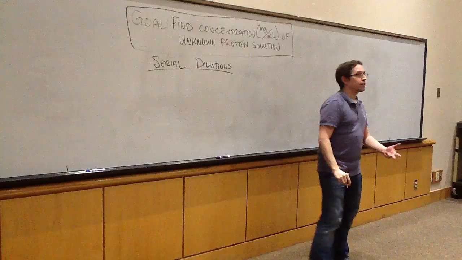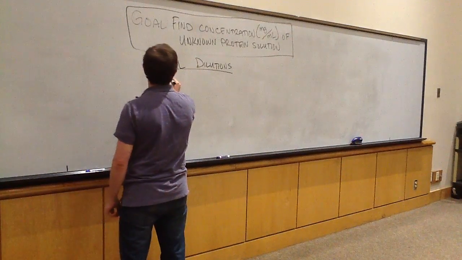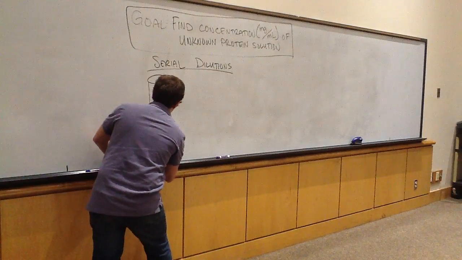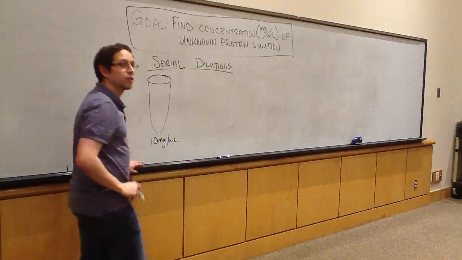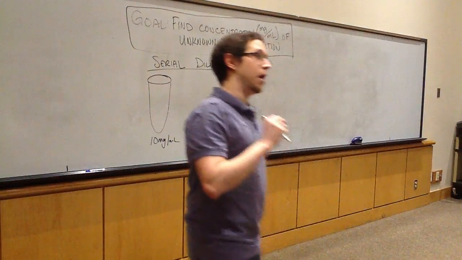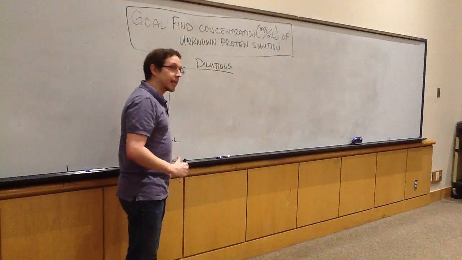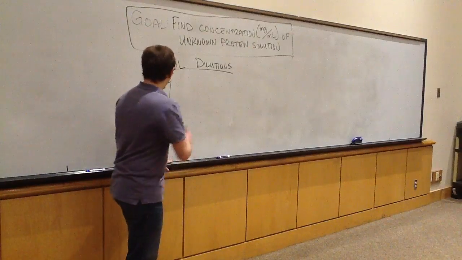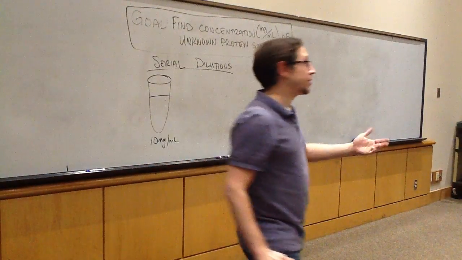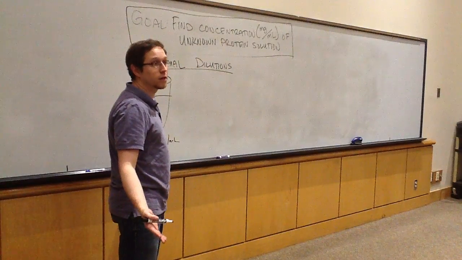So you started with this particular sample called the protein standard that had a concentration of 10 milligrams per milliliter. So it starts with a concentration of 10 milligrams per milliliter. What I could do with this is place this solution with a known concentration into my spectrophotometer, and let's say that when I did that, I got an absorbance of 0.5.